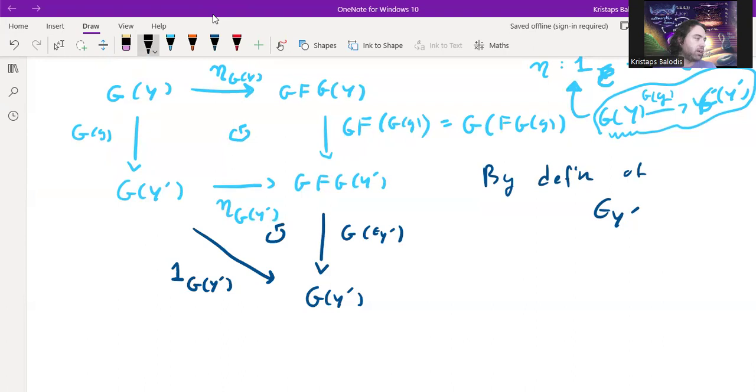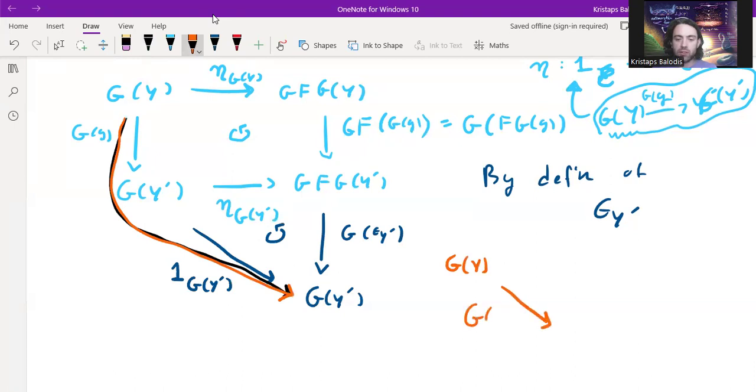But the takeaway is that basically I'm going to squish this diagram together, right? So I'm just going to do this composition and call it all one big arrow. So maybe I'll write it in orange. Well, really, once I do that composition, I just get G of G, right? So I'm going to have GY going down, here is G of G, G of Y prime.